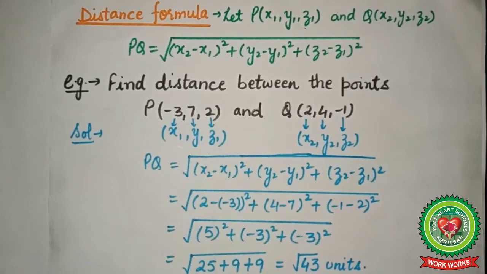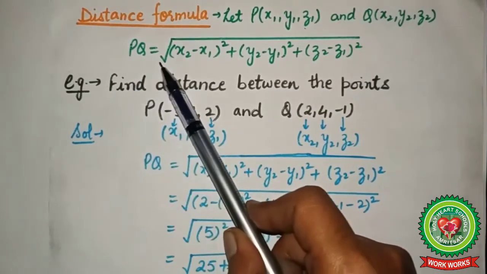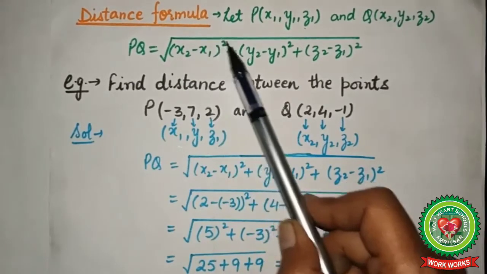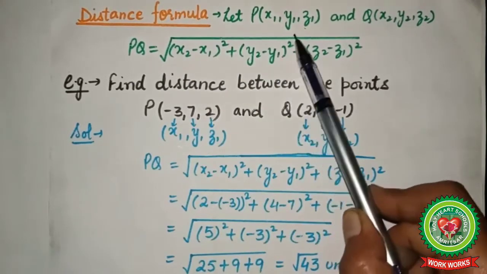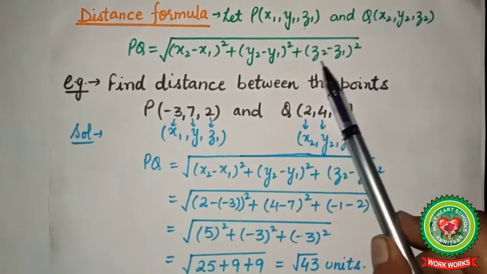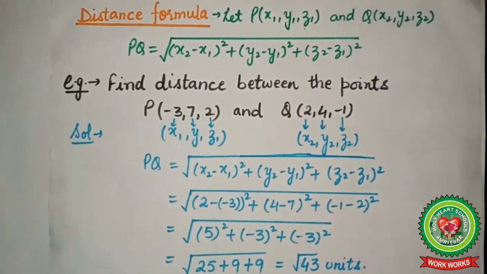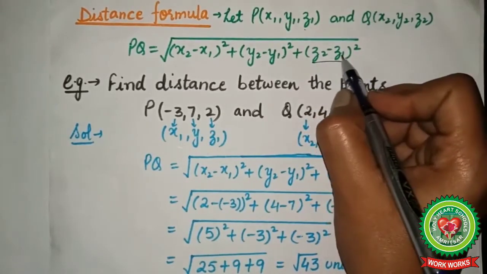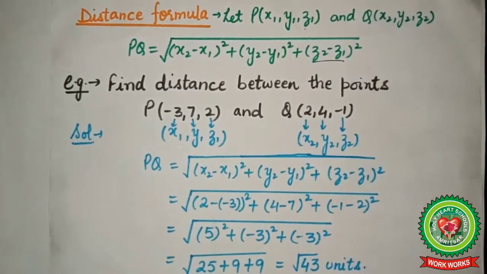We are having a formula, that is PQ is equal to under root of (x2 minus x1) whole square plus (y2 minus y1) whole square plus (z2 minus z1) whole square. Here one extra term is added as we have done in the distance formula in two-dimensional geometry.